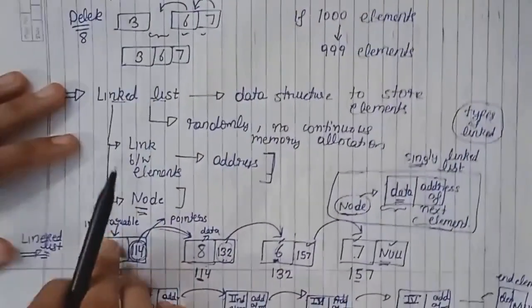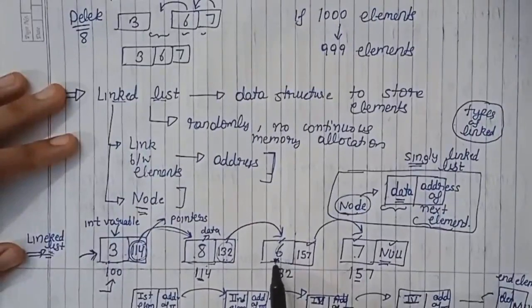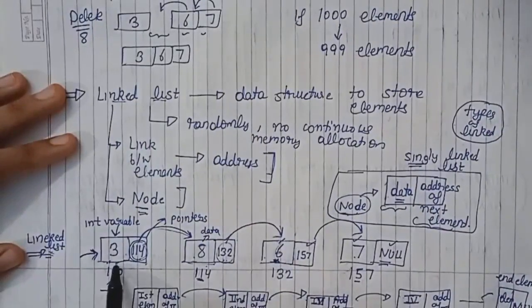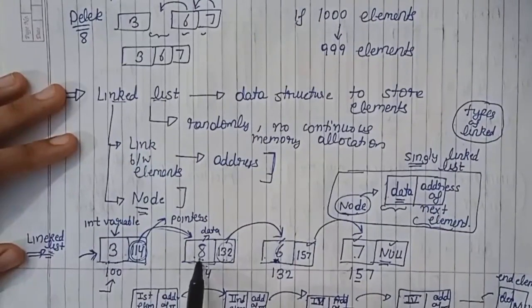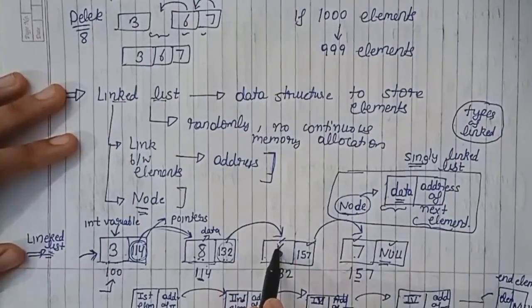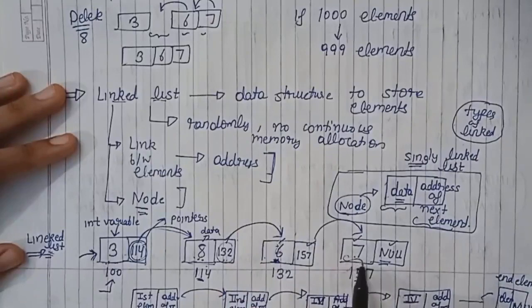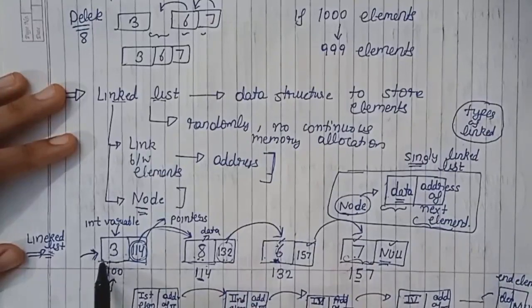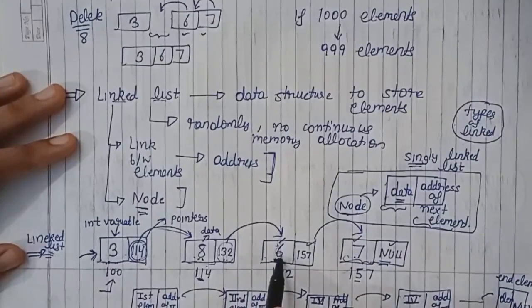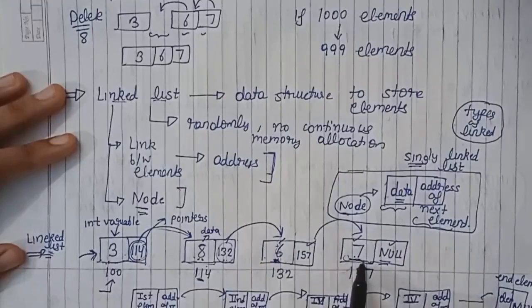That is, if I want to access 6, then first I need to go through the elements before it, that is 3 and 8. Then I will be able to reach 6. And if I want to access 7, I have to go through first 3, then 8, then 6, and only then can I reach 7.